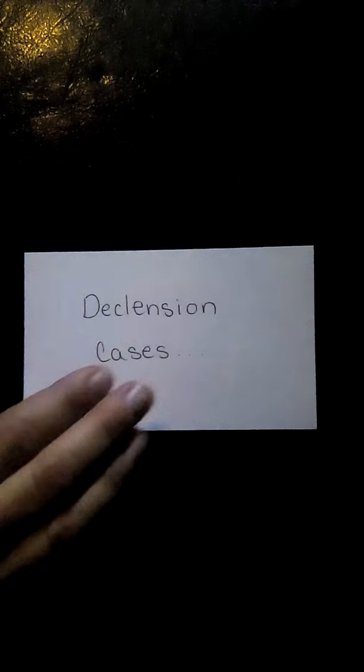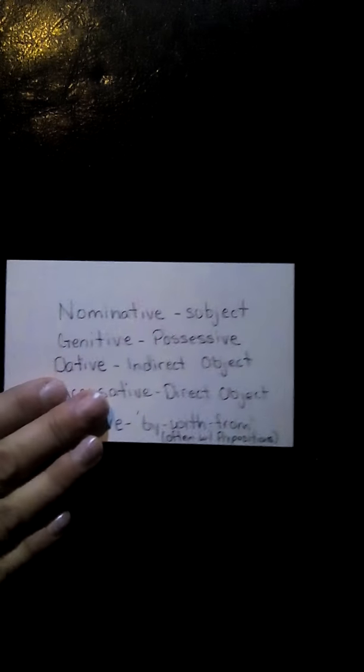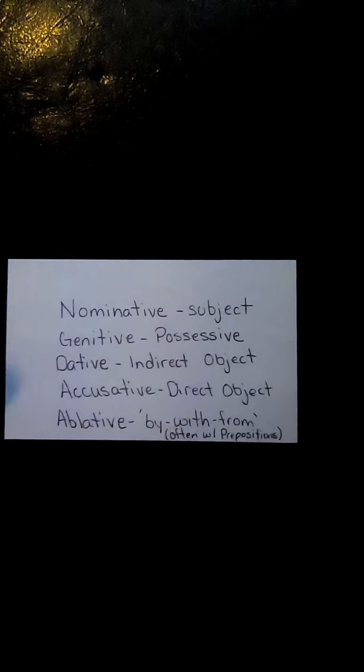Next up, declension cases. Tell me what the declension cases are. Also, again, go ahead and pause if you need more time. Okay, flipping over. We have nominative, genitive, dative, accusative, and ablative.